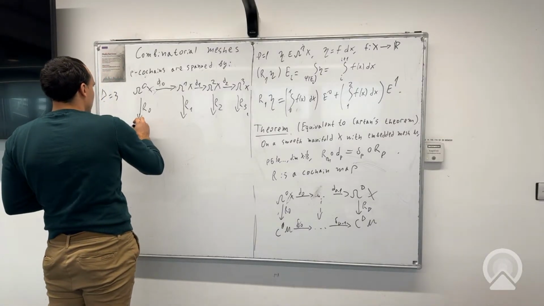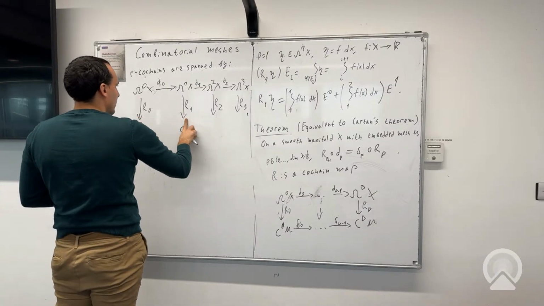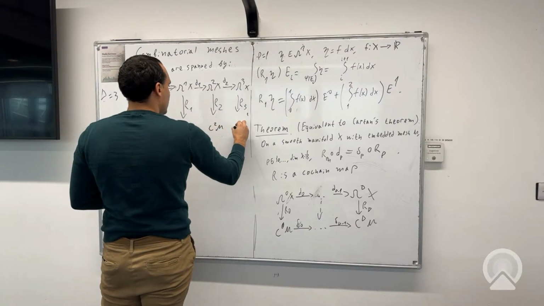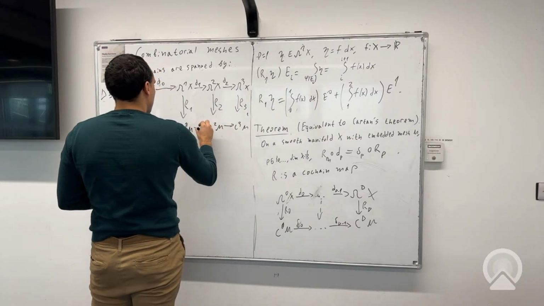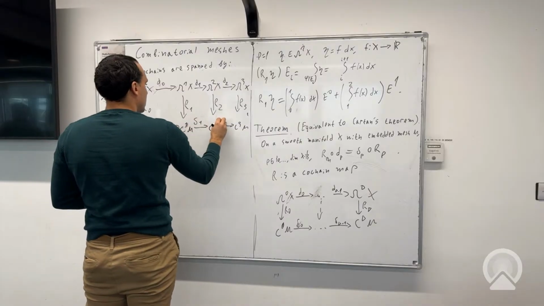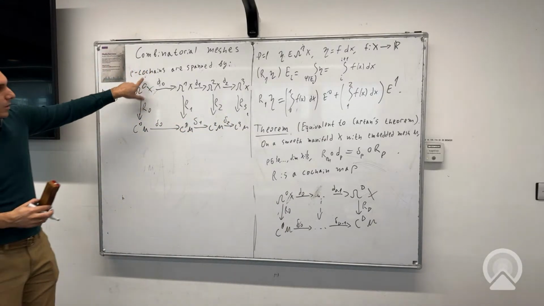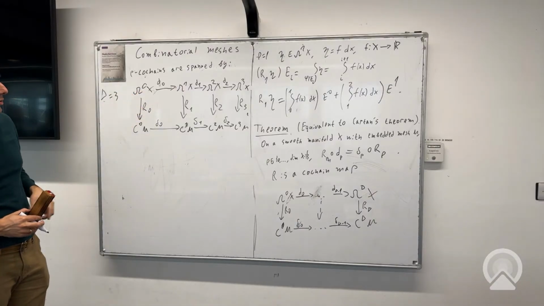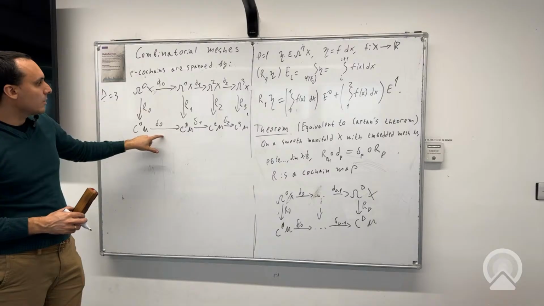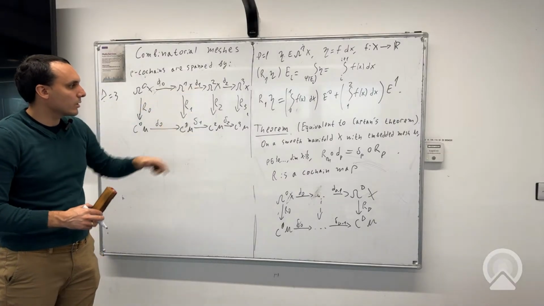So C0, C1, C2, and C3, with delta 0, delta 1, delta 2. So this diagram is commutative. So if I go there or there, it is the same, or go here and go here.